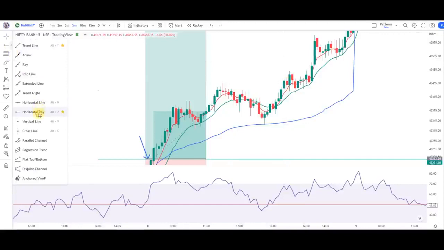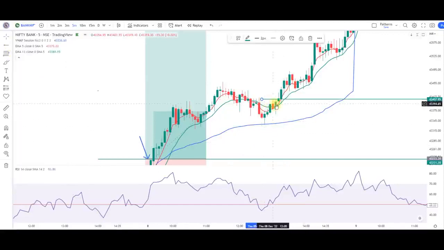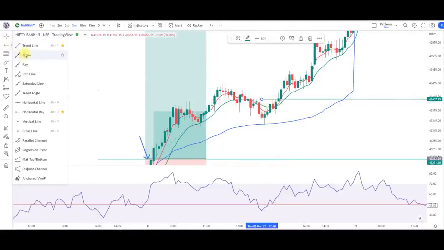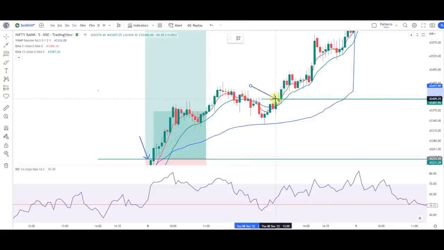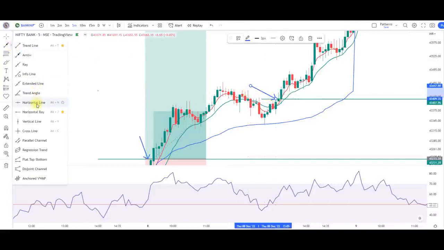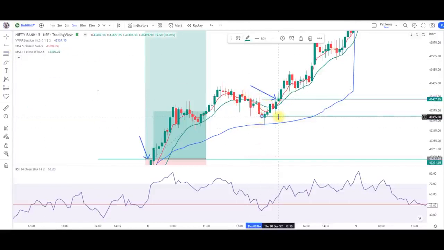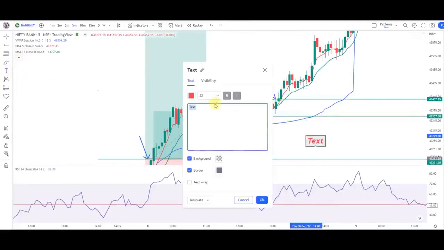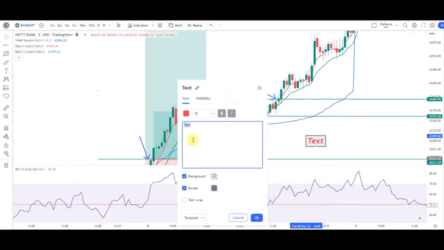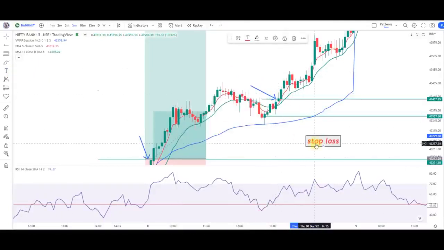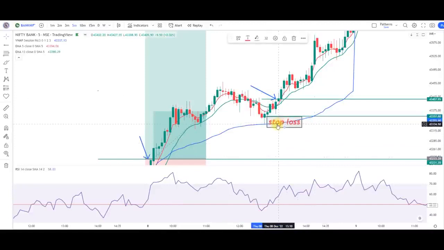So our entry candle is this. Above this green candle, we have to enter into the trade, and the stop loss is below this green candle.